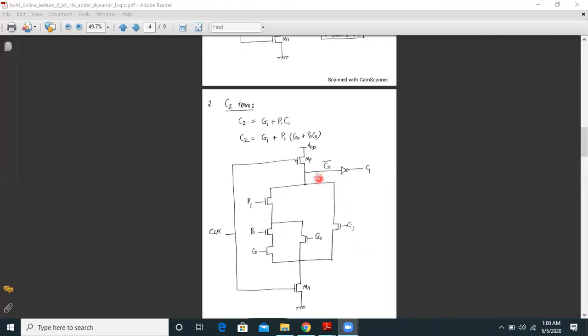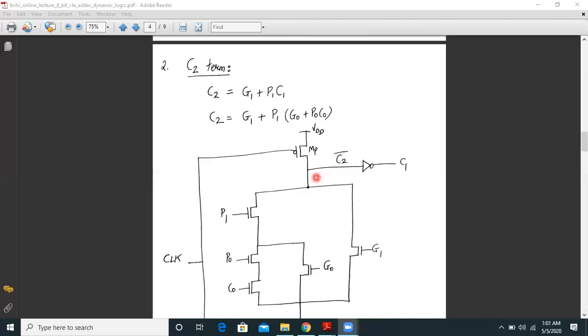Now I have to connect the PMOS transistor and the NMOS transistor above and below this pull down network, and I will tie their gates together to give a common clock. So the output here is again generated as C2 bar. Actually, this is C2 over here. There is a correction. Let me just add it over here.